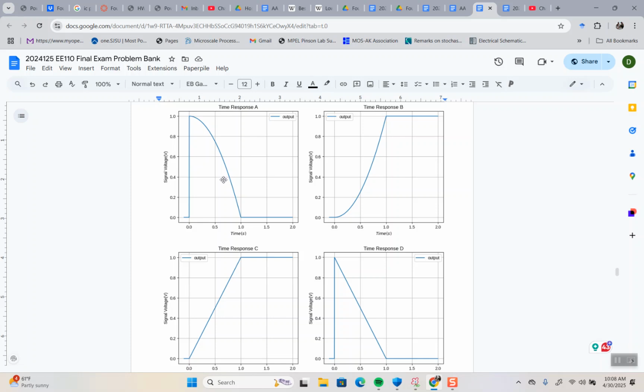A low pass passes low frequencies, or DC. So for a low pass filter, if I put in a 1 volt step, I should see something like a volt coming out over here, right? And the high pass passes the edge and blocks DC.